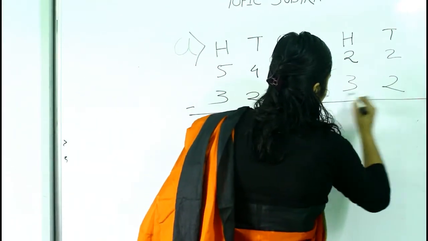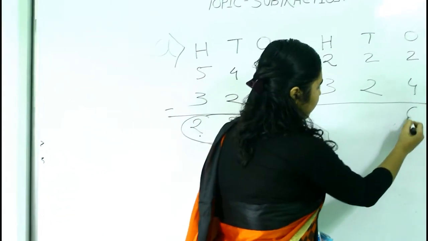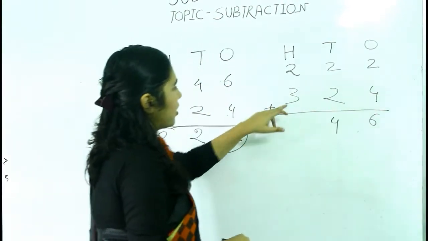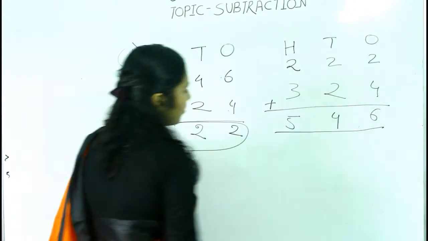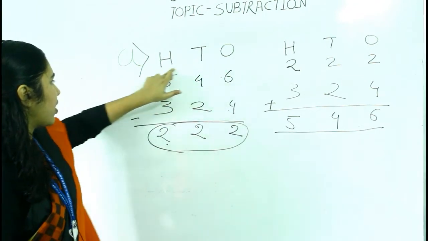Now add. 2 plus 4, 6, 2 plus 2 is 4 and 3 plus 2 is 5. Now look at this number 546, which is our first number.